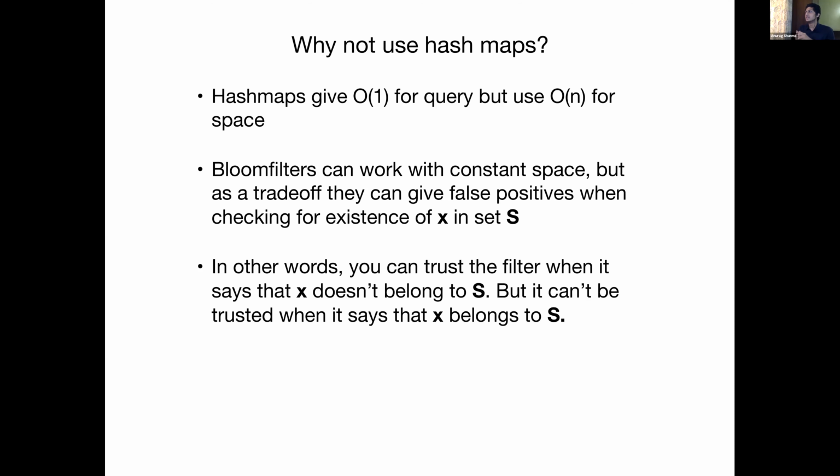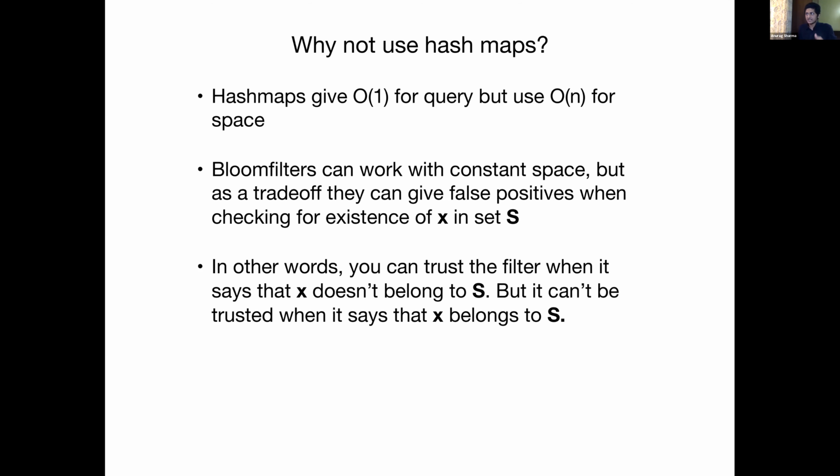Hash maps can also give you query results in order 1, but they use order n for the space. As many keys as you insert, your hash map size increases linearly. Where Bloom filters come out on top is that they can work with constant space. It need not necessarily increase with the size of your set.